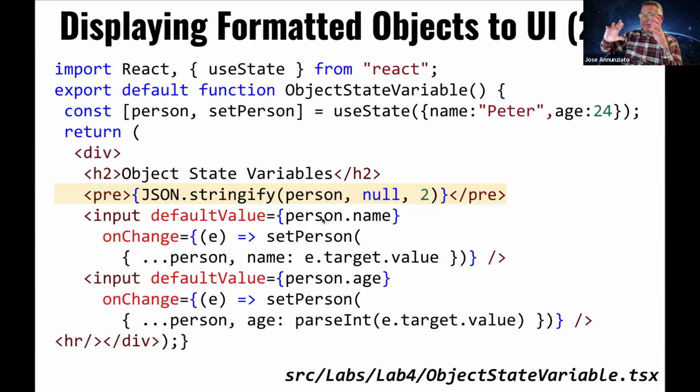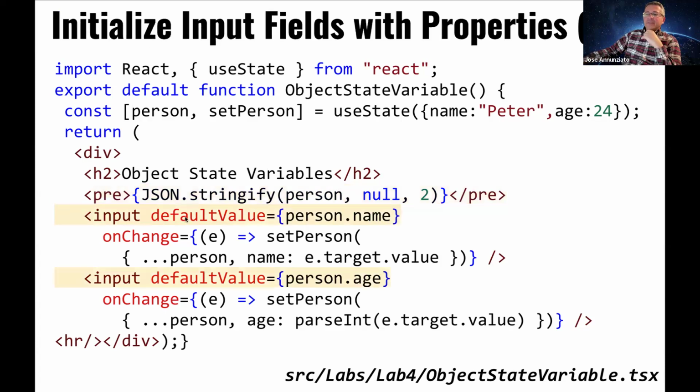So how do we change each individual object property? Well, we already saw how to modify strings, and we already saw how to modify integers. Okay, but here's an example of two primitive data types combined into a more complex data type, an object. And so here we have two input fields, each one dealing with individual portions of the object. One is dealing with the string, person name, and the other one is dealing with the person age.